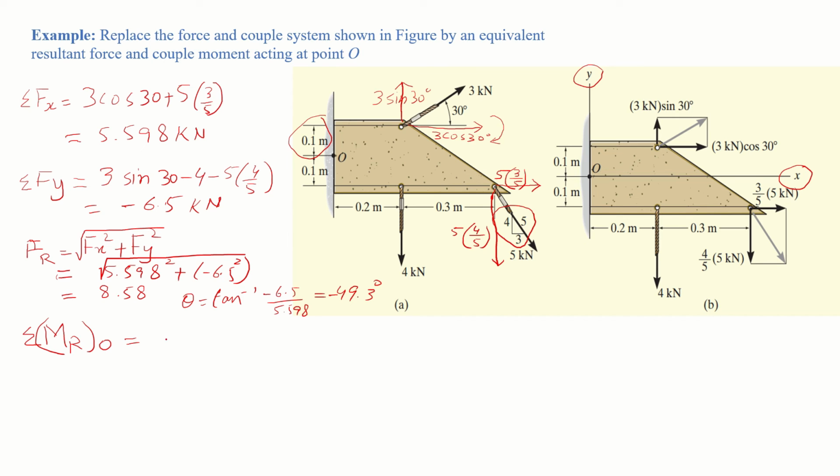We write it here: 3 cos 30 multiplied by 0.1. The second component of this force will also rotate in the anti-clockwise direction, and it has a distance of 0.2 meter. So plus 0.2 multiplied by 3 sin 30.